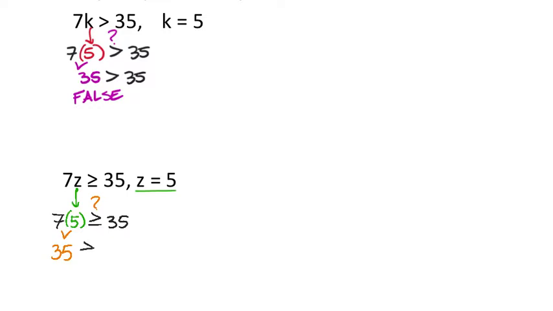So we're comparing 35 with 35, but again, the statement says, is it greater than or equal to 35? Now remember, this is an or statement right here. So even though 35 is actually equal to 35, the first statement, the greater than symbol, is false, but the equal to part is correct, which makes this one a true statement.